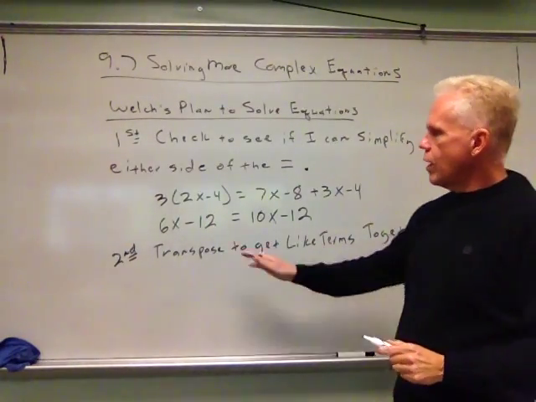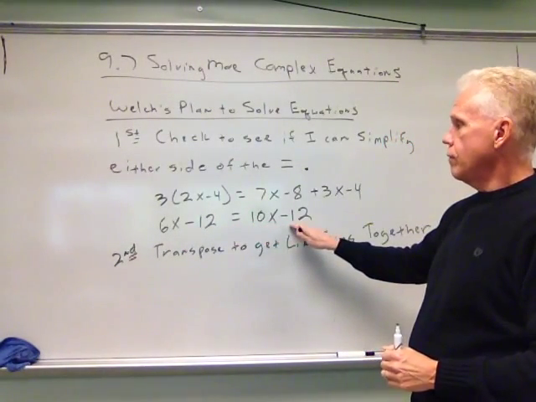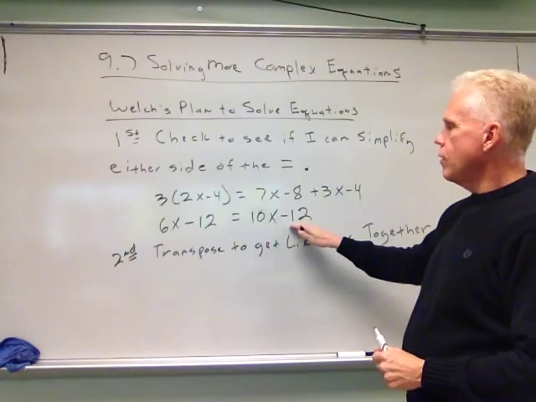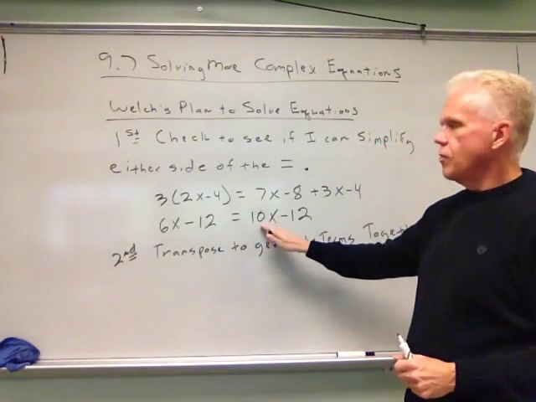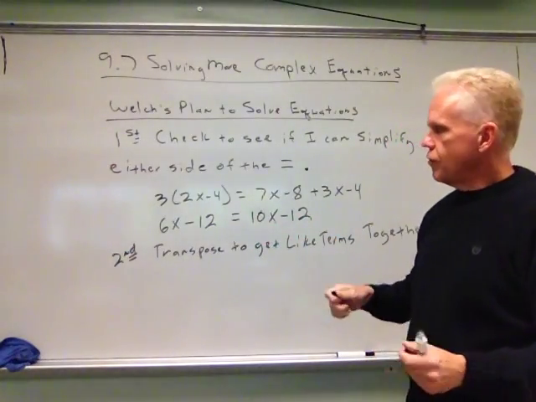Okay, so in the equation that we have here, 6x minus 12 equals 10x minus 12. In this equation right here, we like for the 6x and the 10x to be together. We like for the negative 12 and the negative 12 to be together on the same side of the equal.